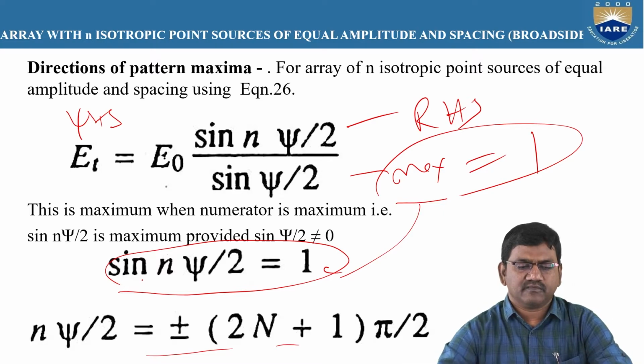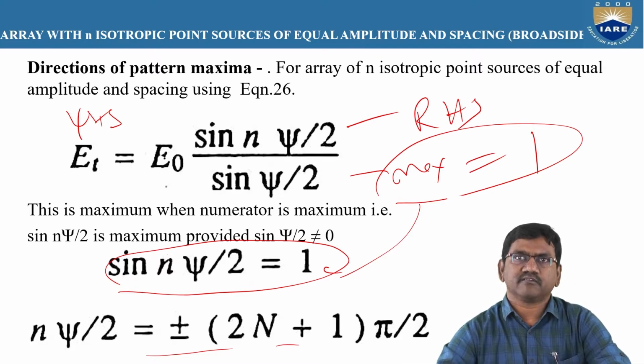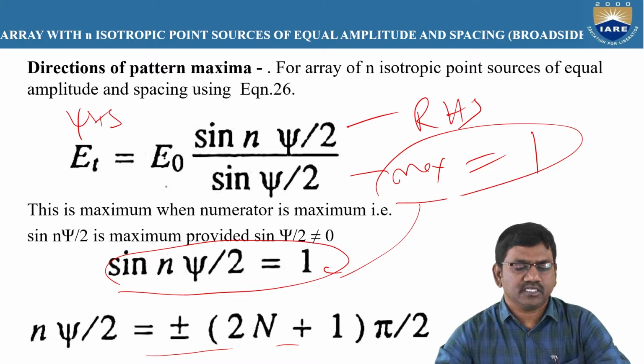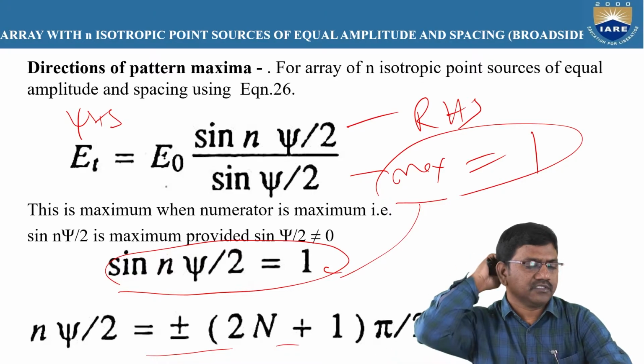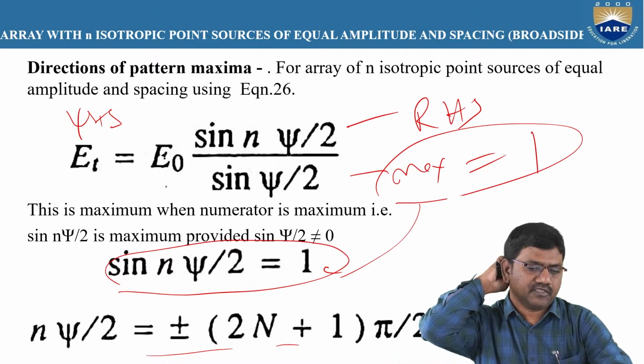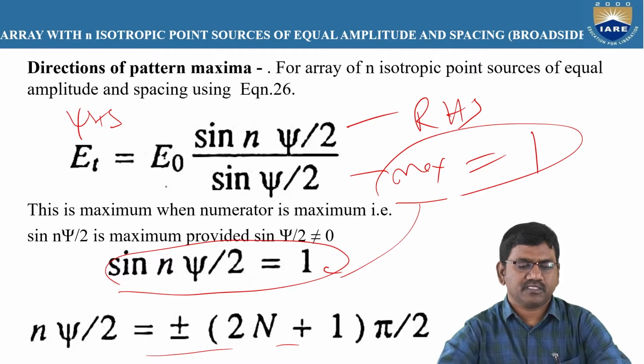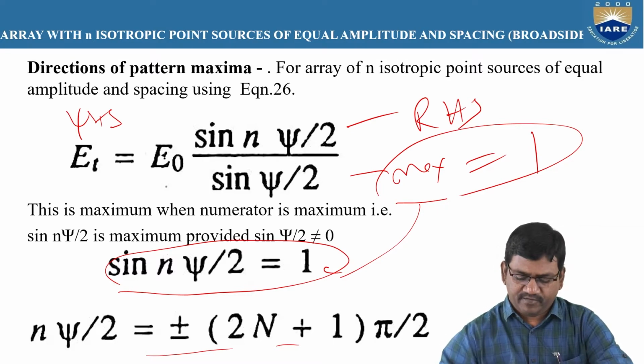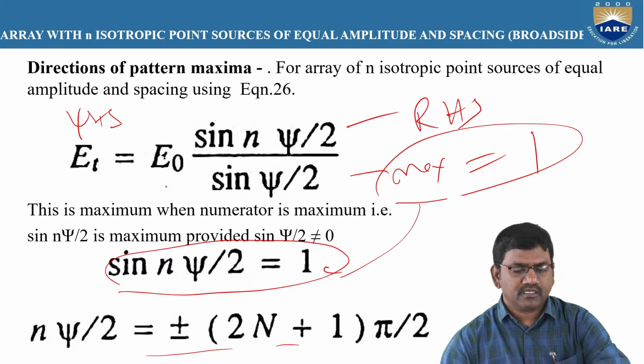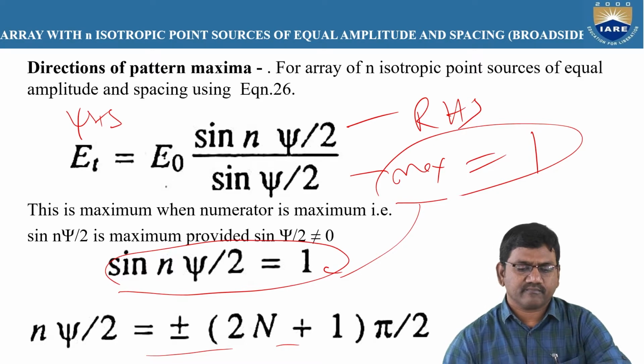For n psi by 2 the maximum value is 1, and the trigonometric solution is given by n psi by 2 is equal to plus or minus 2n plus 1 into pi by 2, where n is the number of sources.